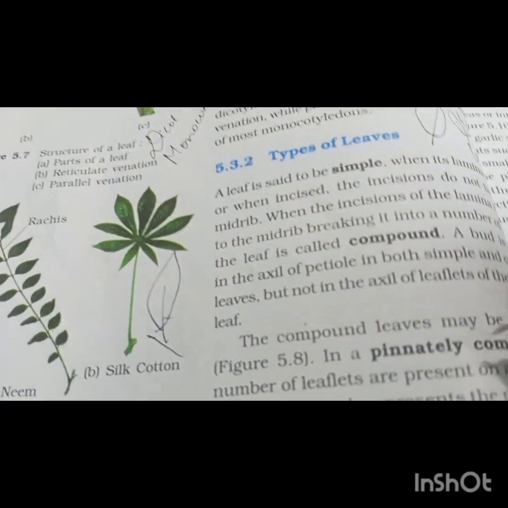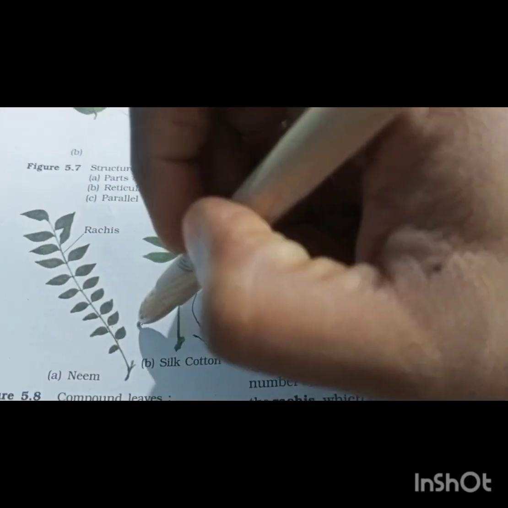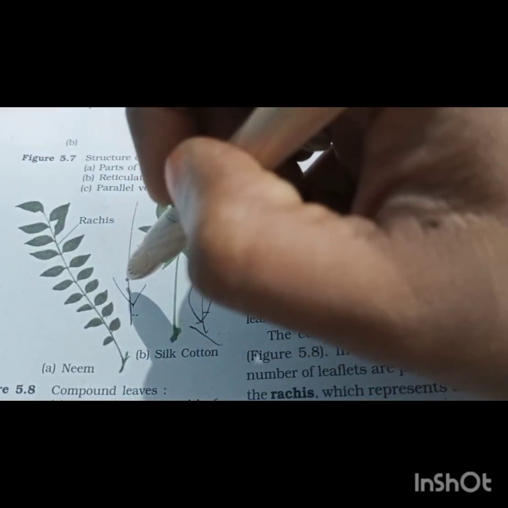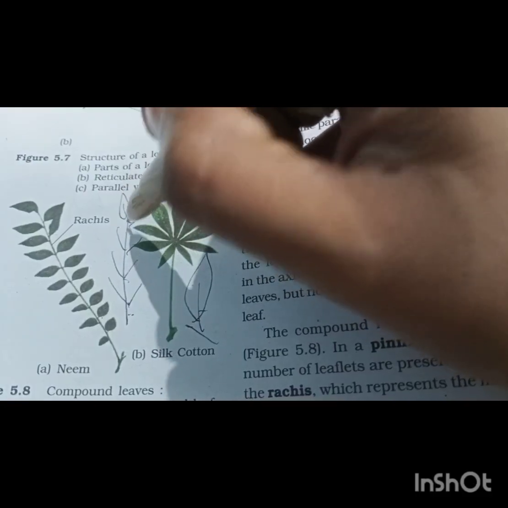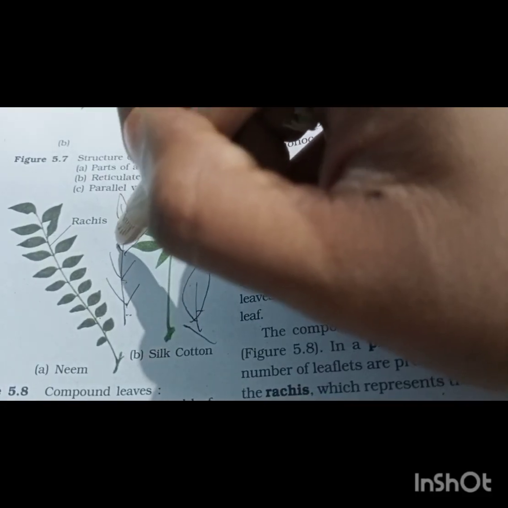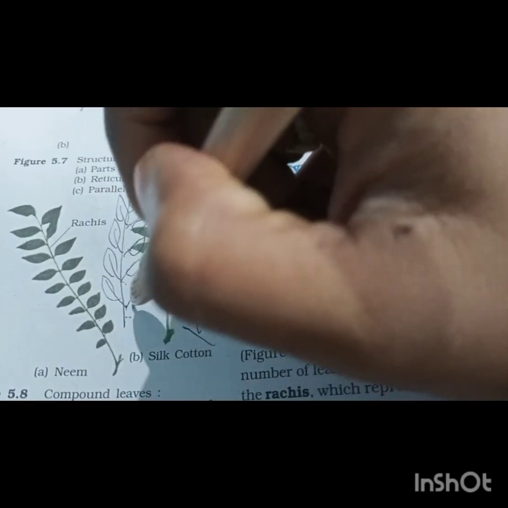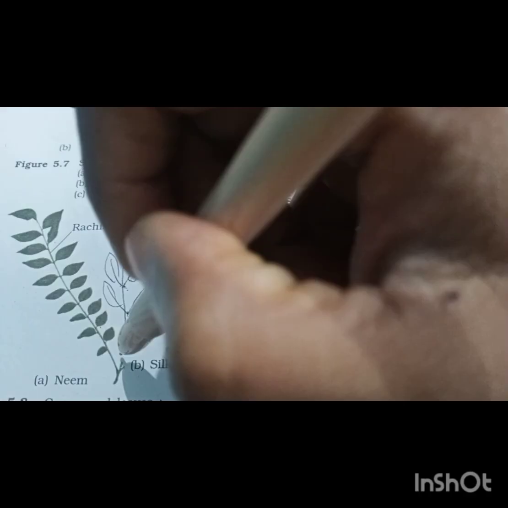And the second type is compound. So what is a compound leaf? If you take a neem tree, and curry leaves also, we used to remove the leaf, right? So if you see here, the leaves are arranged like this. When you look closely, the buds will not be present here.